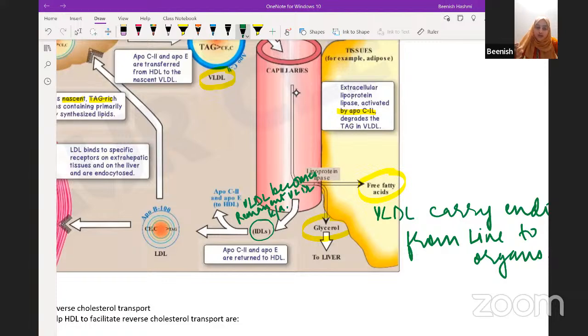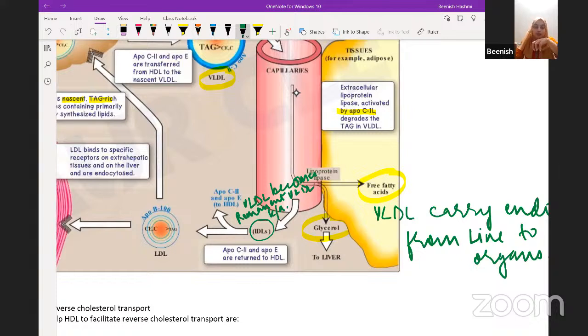ApoE is going to act as the ligand, and the receptors are present on the liver. The other fate of this IDL is that it loses more TAG, and ApoC and E are liberated and go back to HDL, and after this, the IDL is converted into LDL. The only apolipoprotein present is B100, and this way the IDL has transformed into LDL. So firstly the VLDL changes into IDL, and then that IDL changes into LDL.